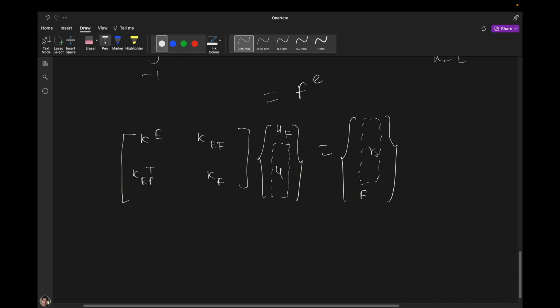These two parts are unknown, and these two things are known.